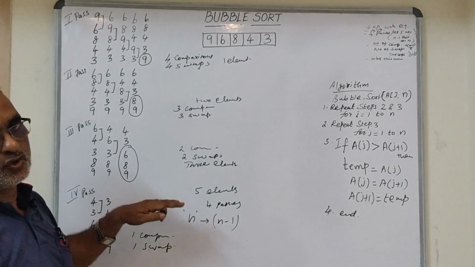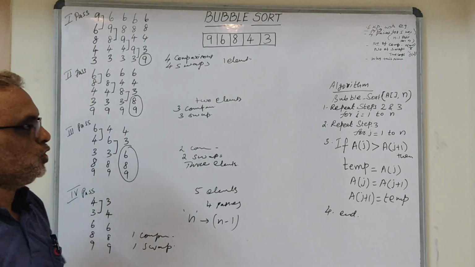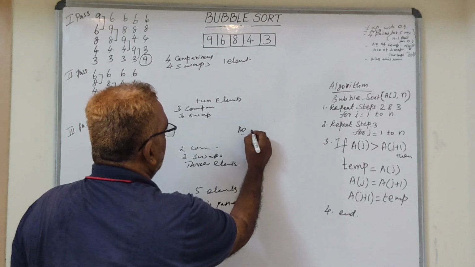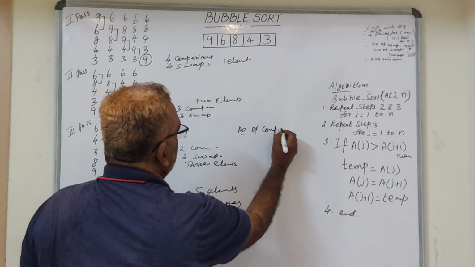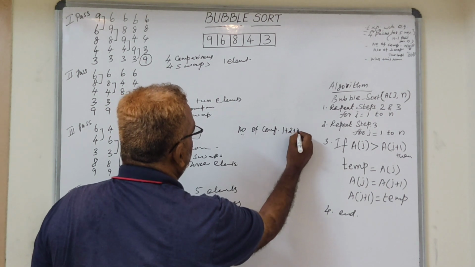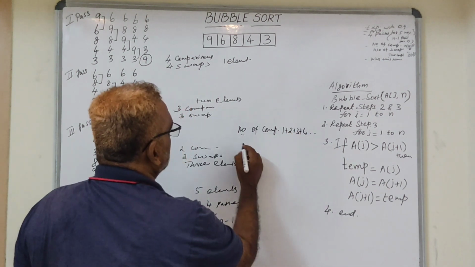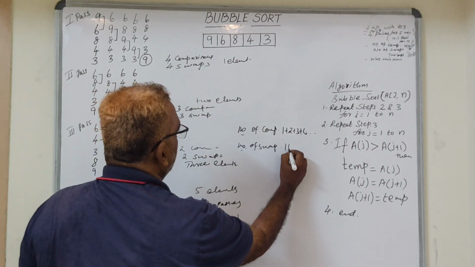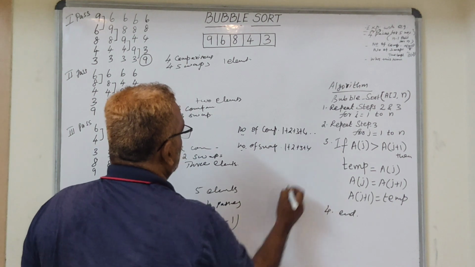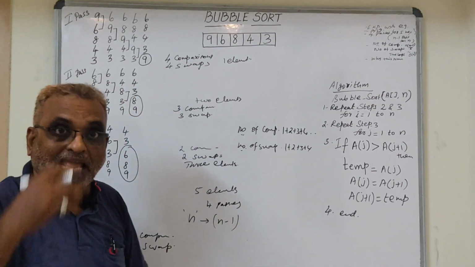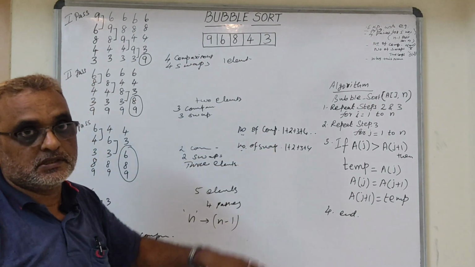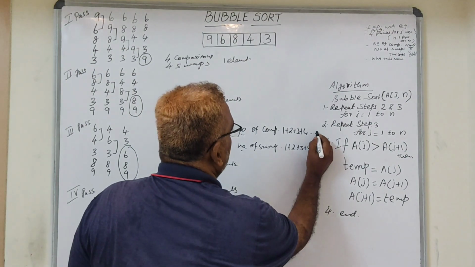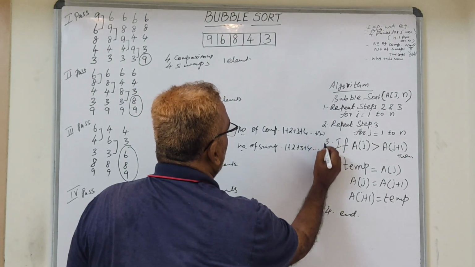Similarly in the next case there is 2, and here it is 1. The time is nothing but the number of comparisons, which is 1 plus 2 plus 3 plus 4, and similarly the number of swaps is 1 plus 2 plus 3 plus 4. This is for 5 numbers. Suppose it is for n, it goes up to n minus 1.